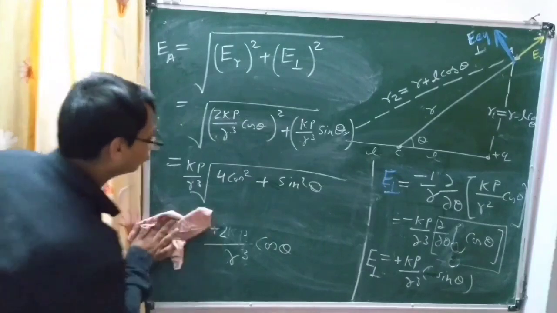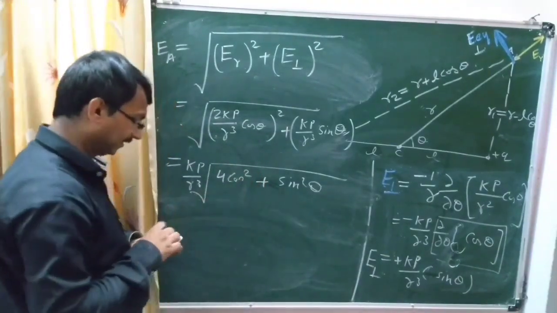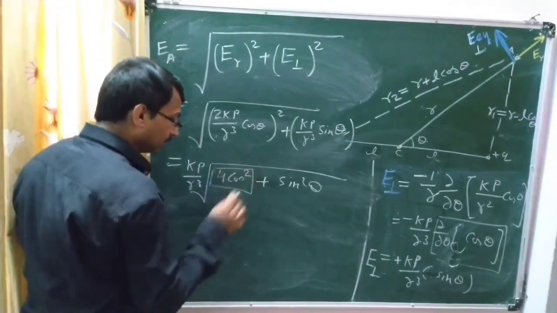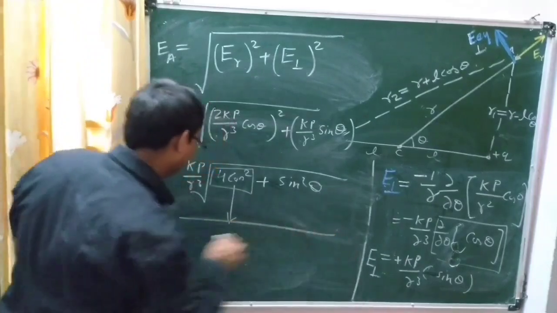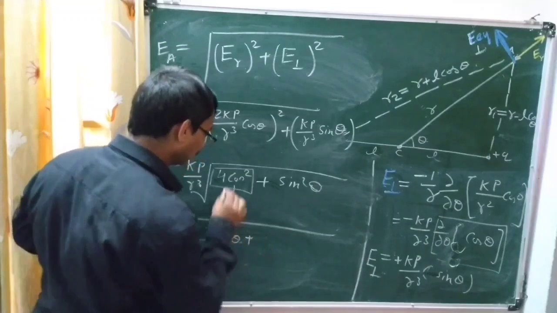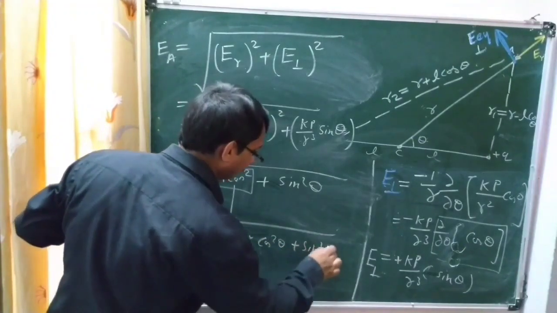Then we can rearrange this 4 cos square theta in terms of 1 plus 3 cos square theta. So write this 4 as 3 cos square theta plus 1 cos square theta, plus sin square theta.